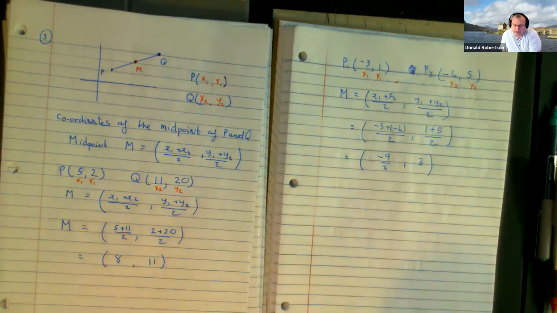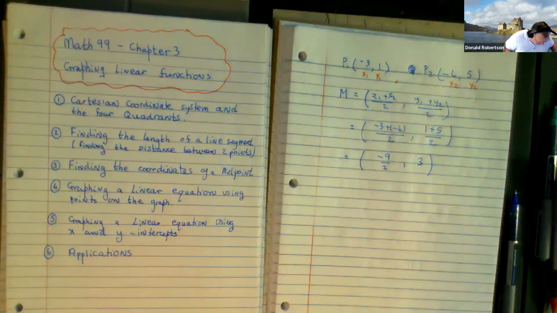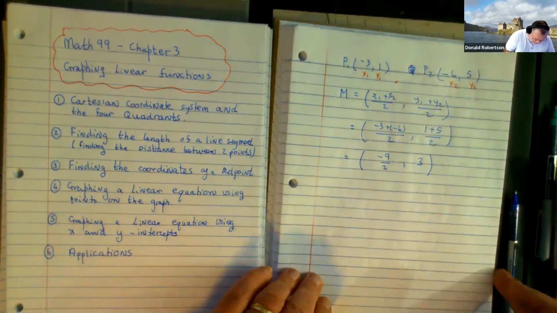It's okay, and we prefer you to leave the answer like 9/2 rather than 4.5 or -4.5. Leave it like that. And that's essentially how you take care of finding the coordinates of midpoints.